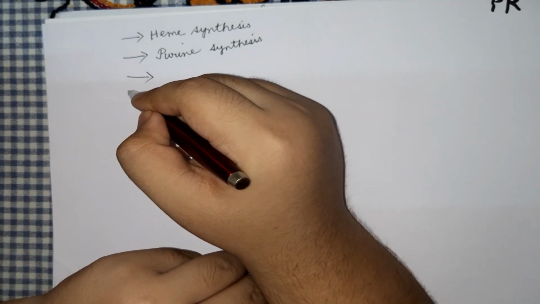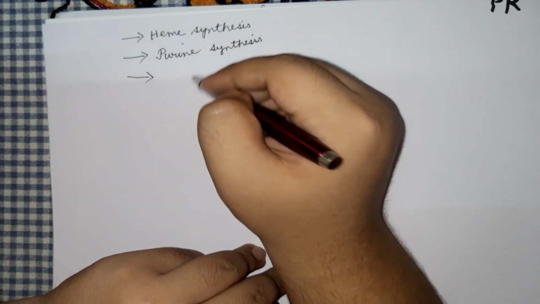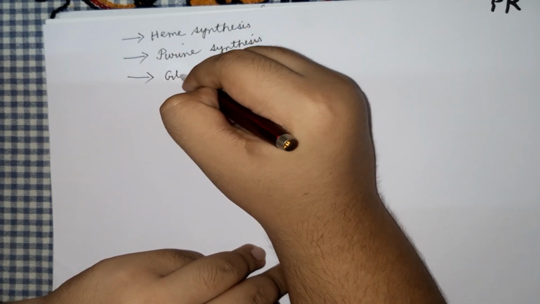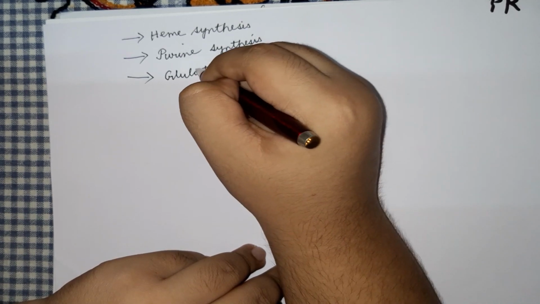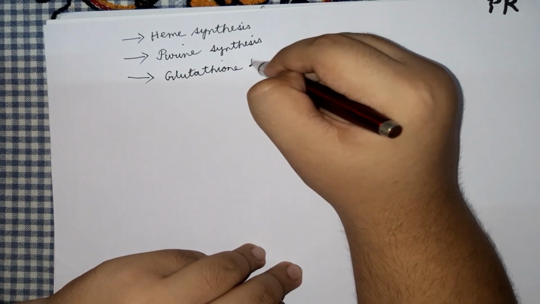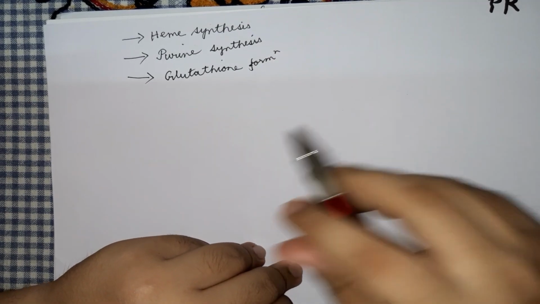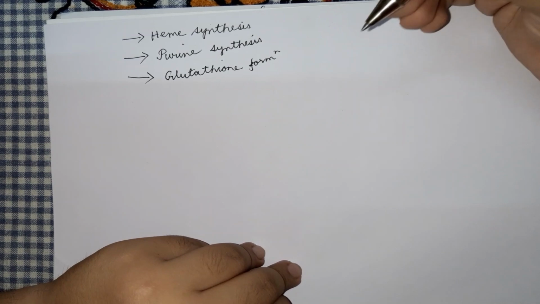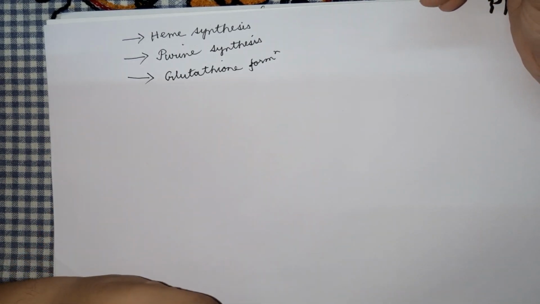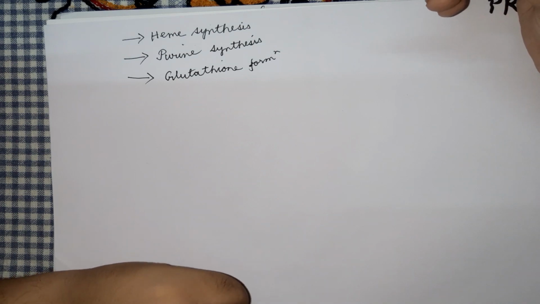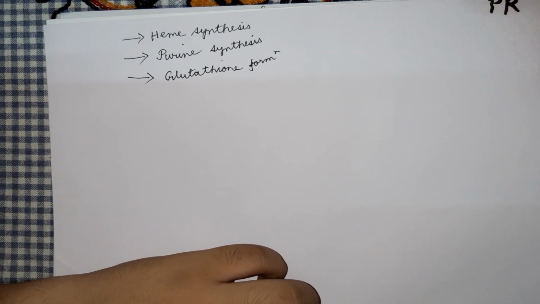A very important function of glycine, other than these, which I've already discussed, is glutathione formation. If you remember, when I talked about the absorption of amino acids, I talked about the Meister cycle. There I talked about how glutathione is formed. So glutathione is gamma glutamyl cysteinyl glycine.